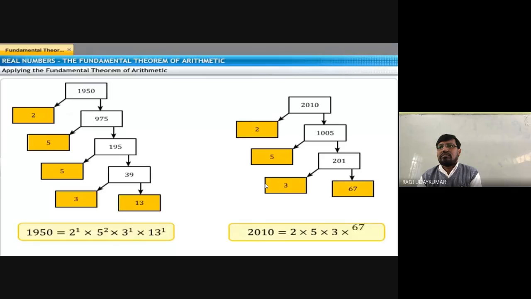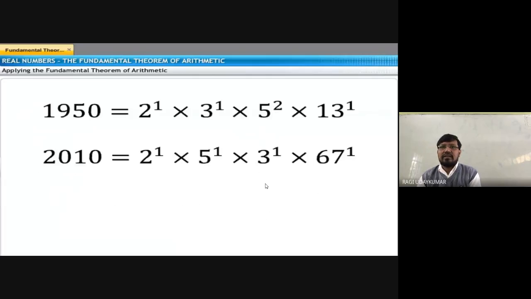Now 1950 is one number and 2010 is another number. These two numbers you express with powers. 2010 will be written as 2 power 1, 5 power 1, 3 power 1, 67 to the power of 1.